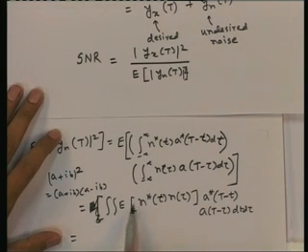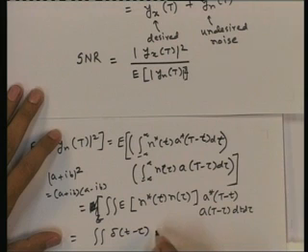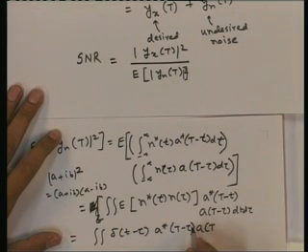Now if you see this expectation, noise is assumed to be white. So there is no correlation between these different times. So there is correlation only when t is equal to tau. So this is integral delta(t minus tau) a star(t minus t) a(t minus tau) dt d tau.